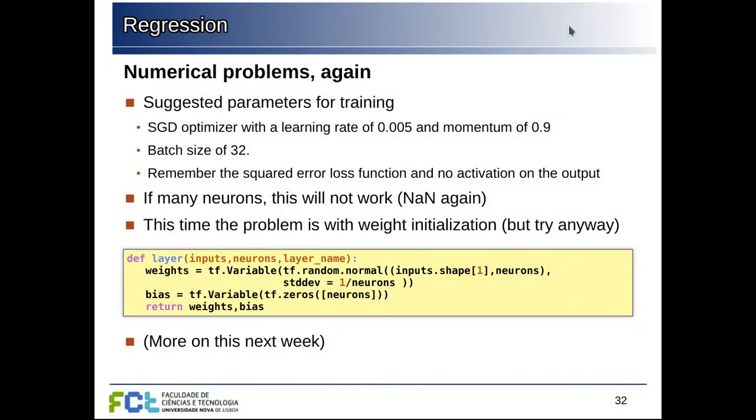So you can solve this in this case by shrinking the size of the weights when you initialize them. For example, use as a standard deviation 1 divided by the number of neurons in that layer.